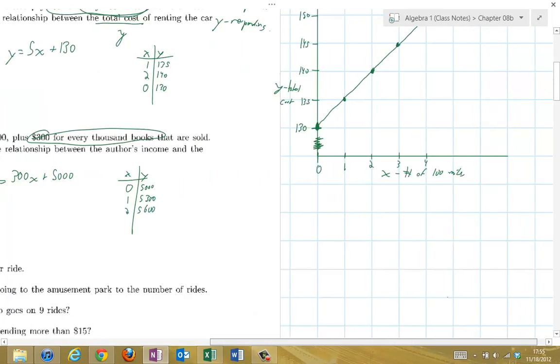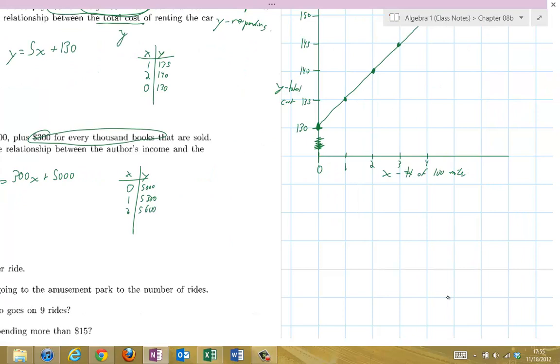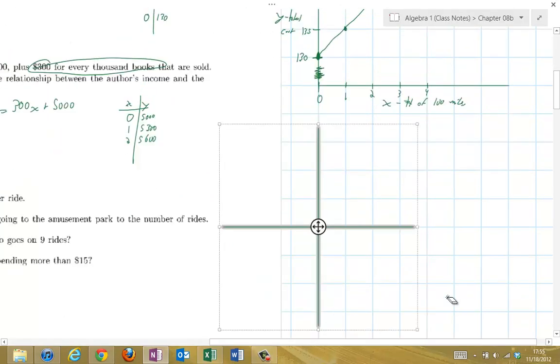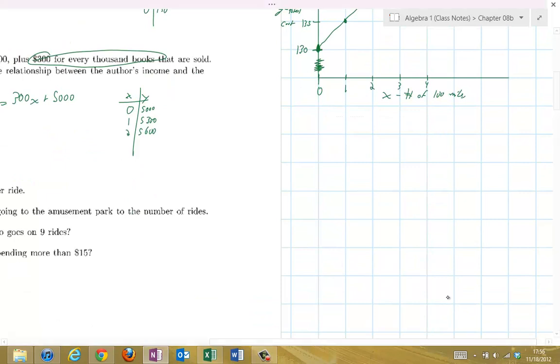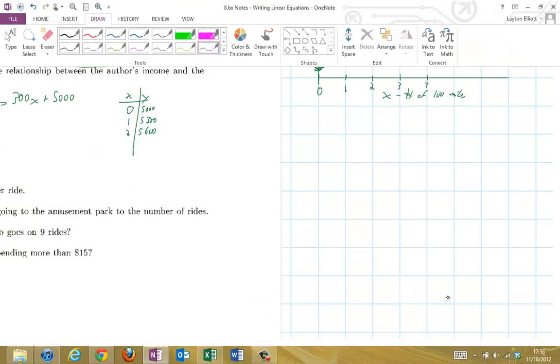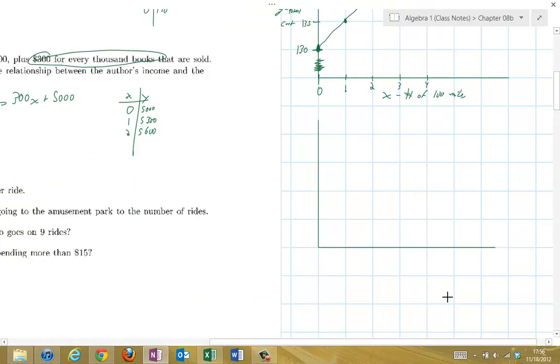So let's go over to a graph. Like before, we're going to do a Quadrant One graph. We're going to put 0, 1, 2, 3, 4, and X is the number of 1,000 books, and Y is going to be the income.